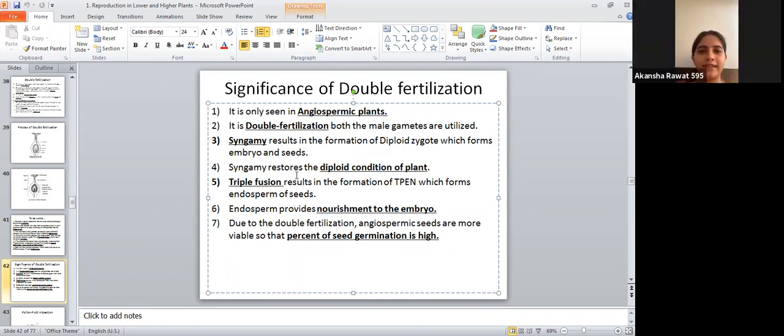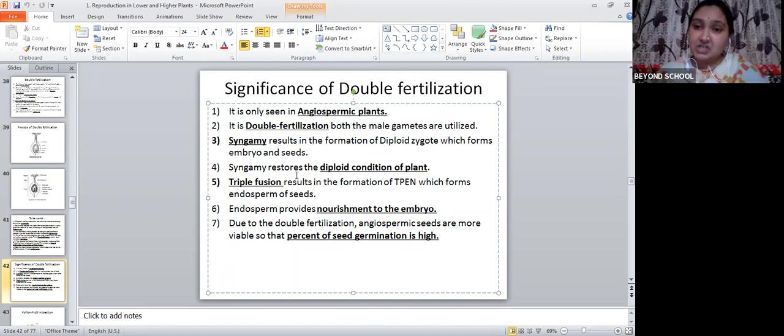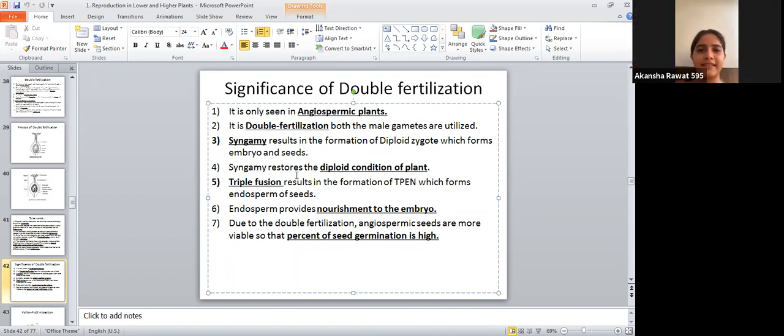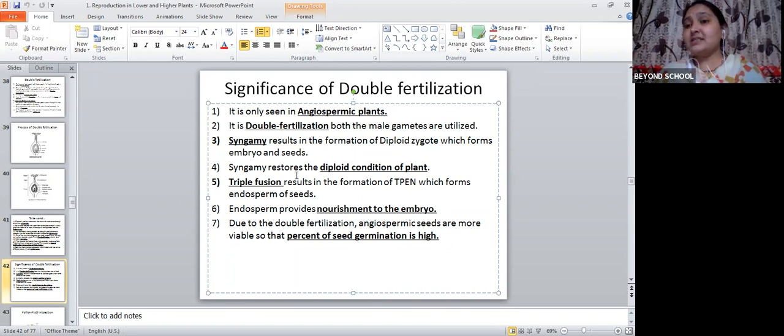Two male gametes. If syngamy is carried out, what is it going to form? It is going to form a diploid zygote. This diploid zygote will form an embryo and seed.